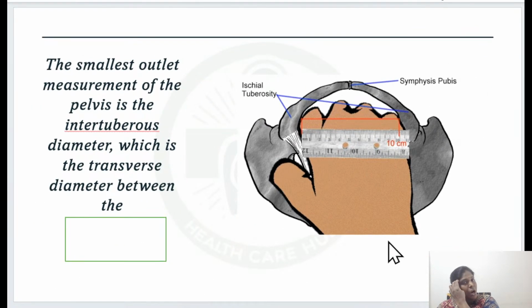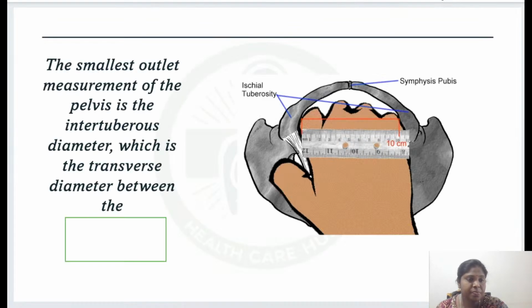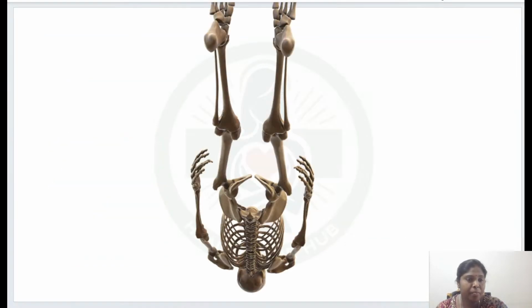Next, the smallest outlet measurement of the pelvis is the intertuberous diameter, which is the transverse diameter between which tuberosities? Here you can see the two ischial tuberosities. This is the symphysis pubis. I will show you the image. This is our human skeletal system, right?